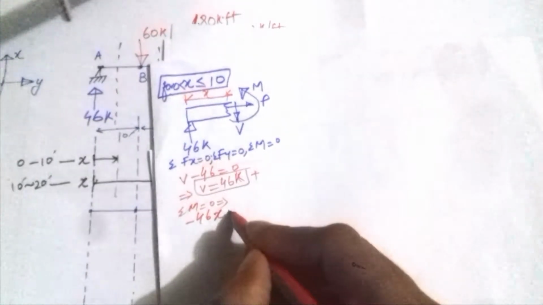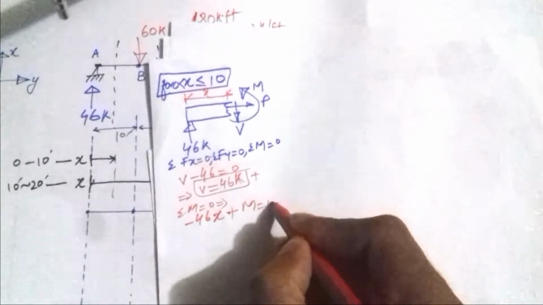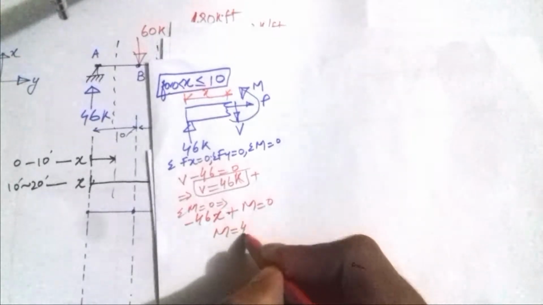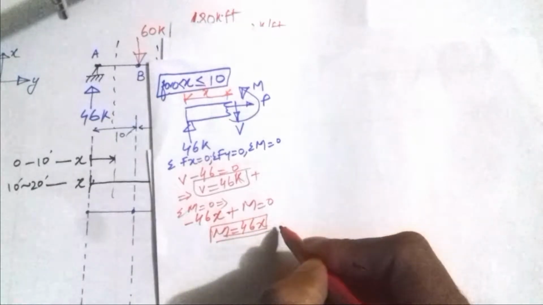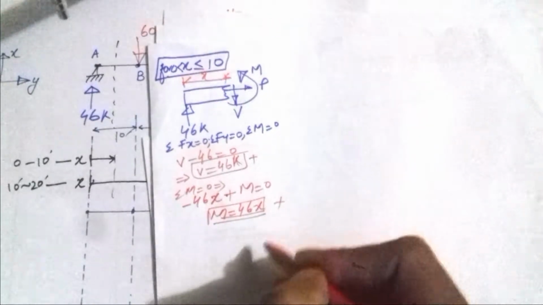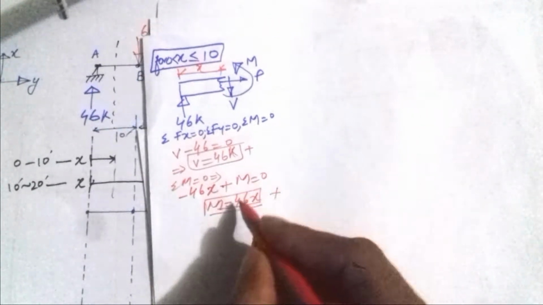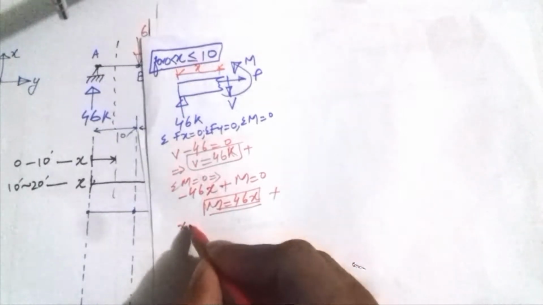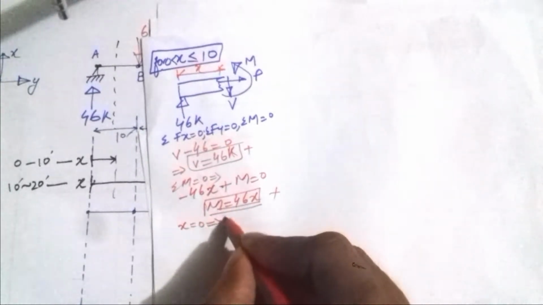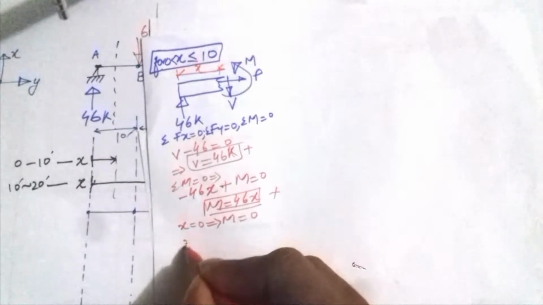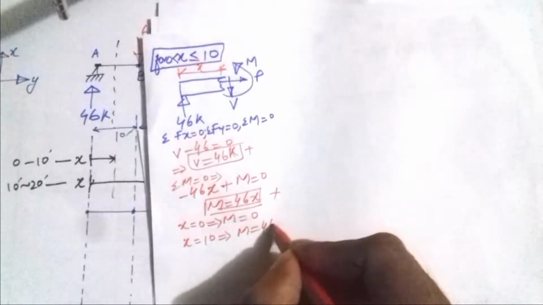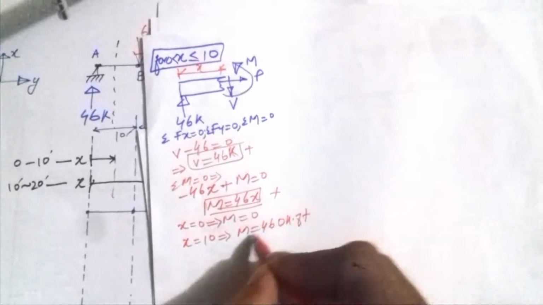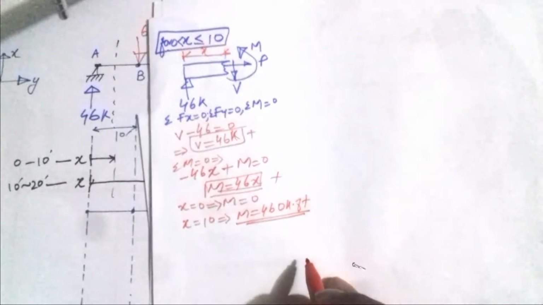This is anti-clockwise, so positive, plus M equals 0. That means M equals 46x. This is positive as well. So when x equals 0, M will be equal to 0, and when x equals 10, M equals 460 kip-ft. So this is the value for the first section.